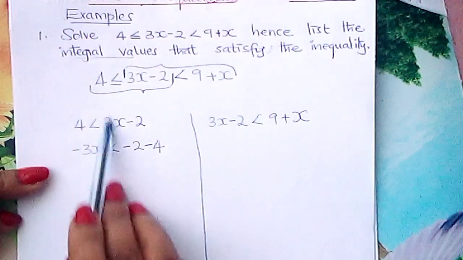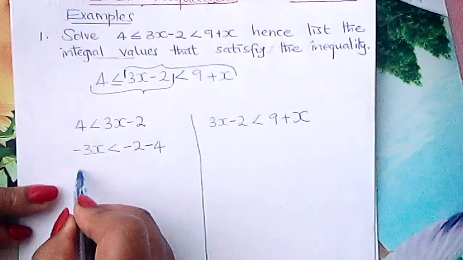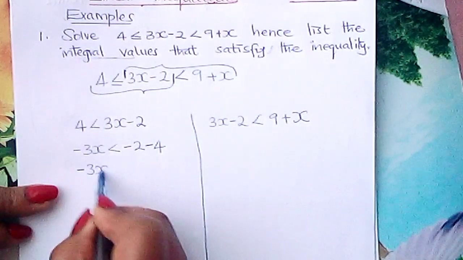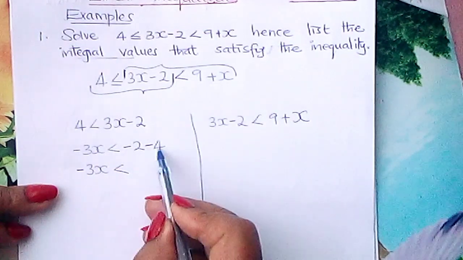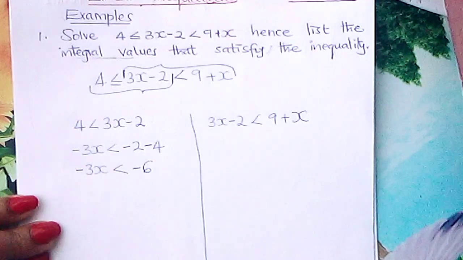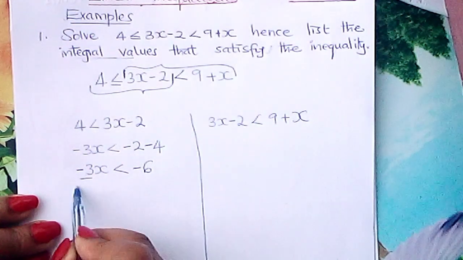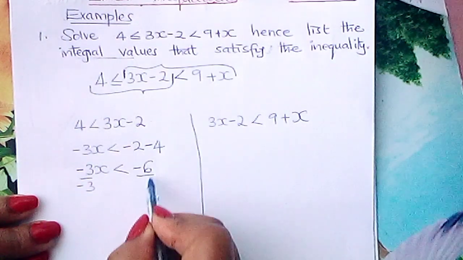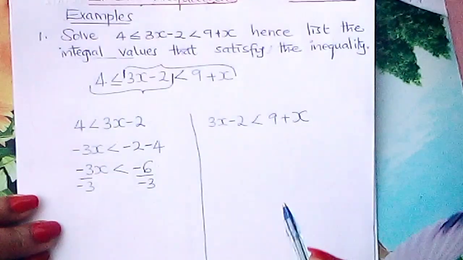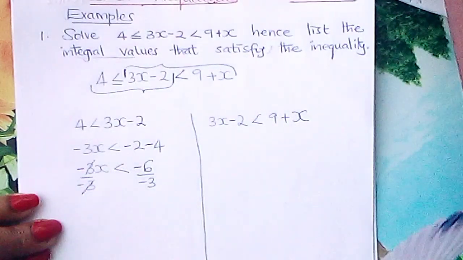So negative 3x is less than or equal to negative 6. From here, divide both sides by negative 3, and this cancels out with that.